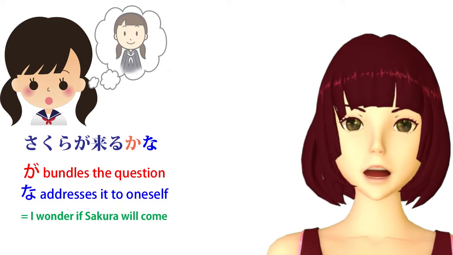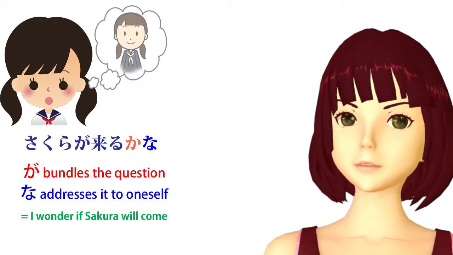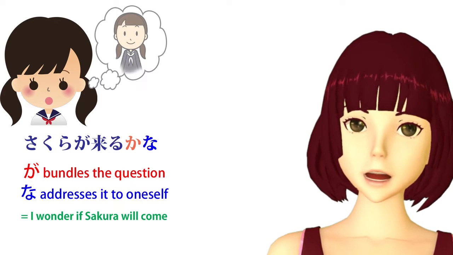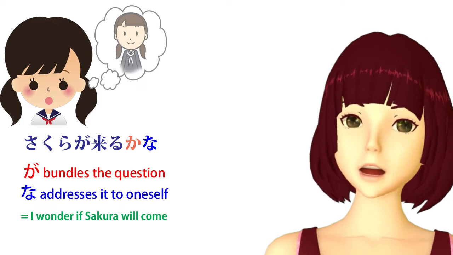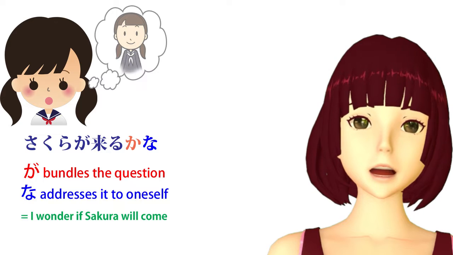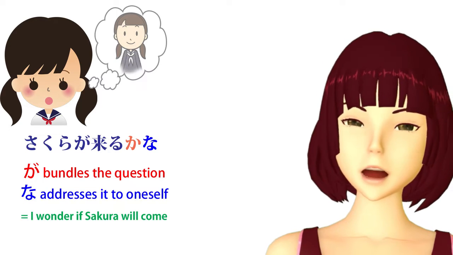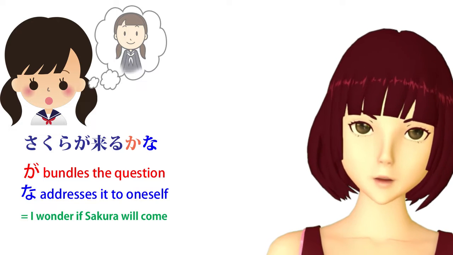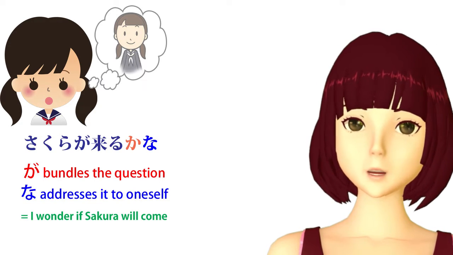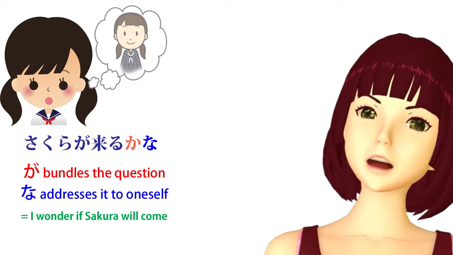Similarly with kana, which is sometimes presented as a particle meaning "I wonder," you see how this actually works. Ka is taking the proposition. So if we say "Sakura ga kuru kana," we're saying "Sakura ga kuru ka," the question of whether Sakura will come, na.